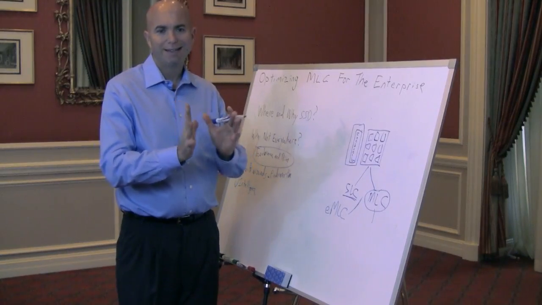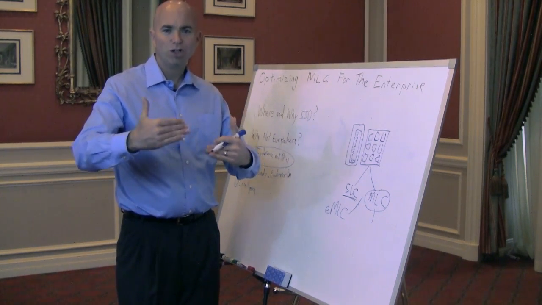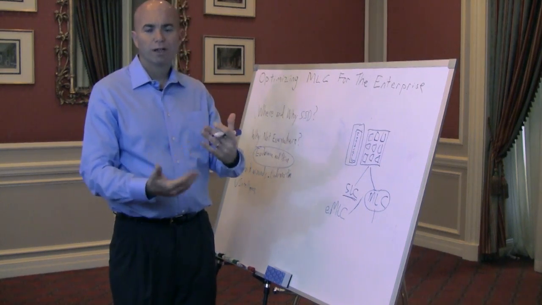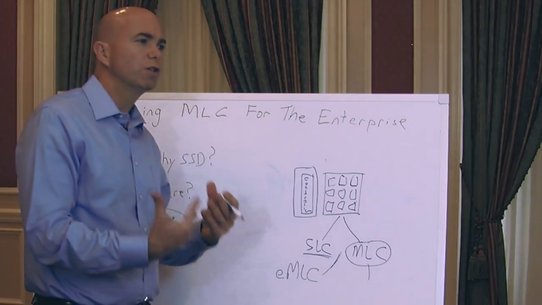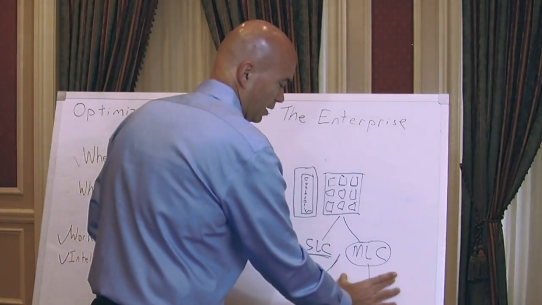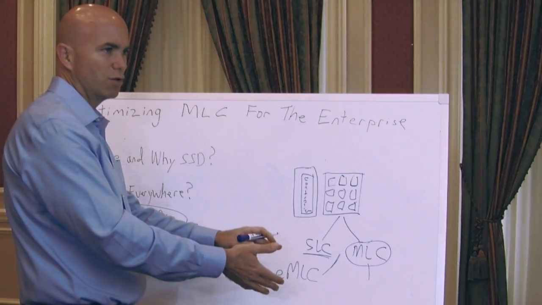It has an adaptive intelligence so that as the drive ages, it can adjust the level of charge that has to happen during an erase cycle. So using greater intelligence gives us, in the MLC case, a much better life expectancy of the drive.